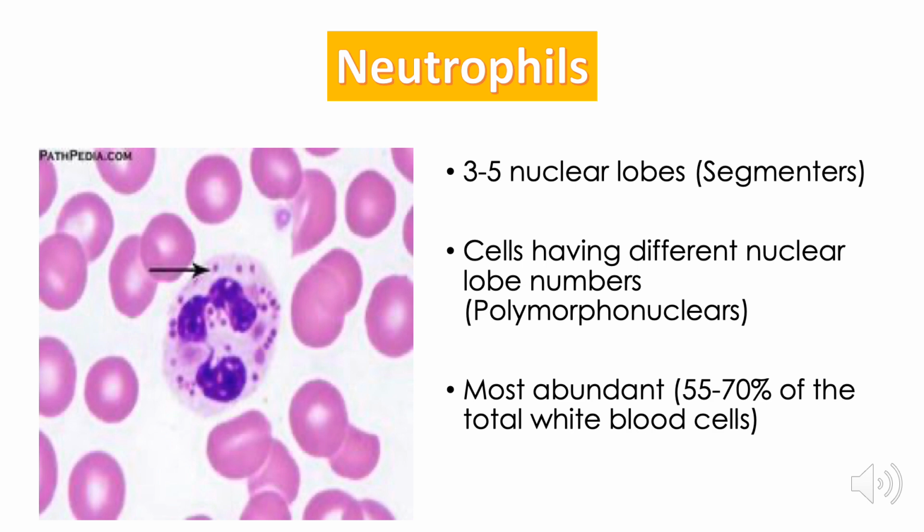And since the nucleus of neutrophil can have 3 or 4 or 5 lobes, these cells are also referred to as polymorphonuclears. Poly, many, morpho, appearance of nucleus. Many appearance of nucleus. Because sometimes it can have 3 lobes, sometimes it can have 4 lobes, sometimes it can have 5 lobes. So the other names for neutrophils are segmenters or polymorphonuclear leukocytes. Please take note that neutrophils are the most abundant white blood cell in the circulation.